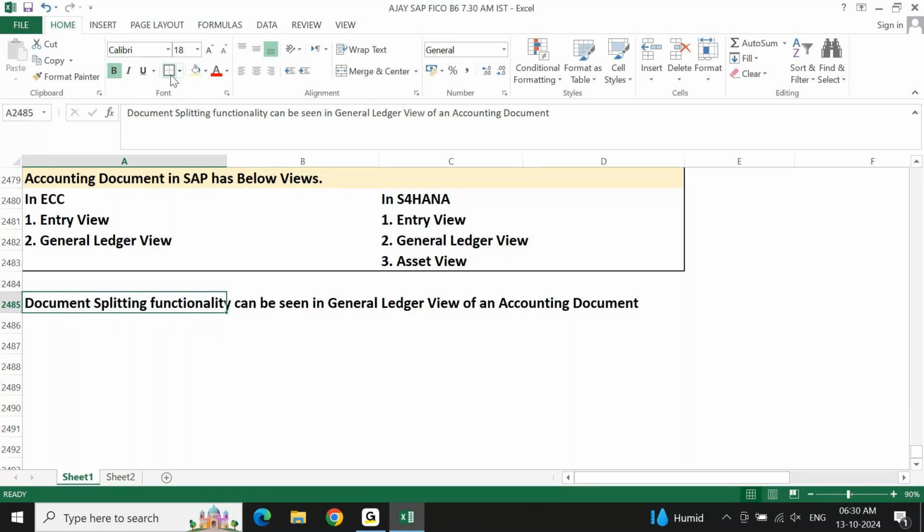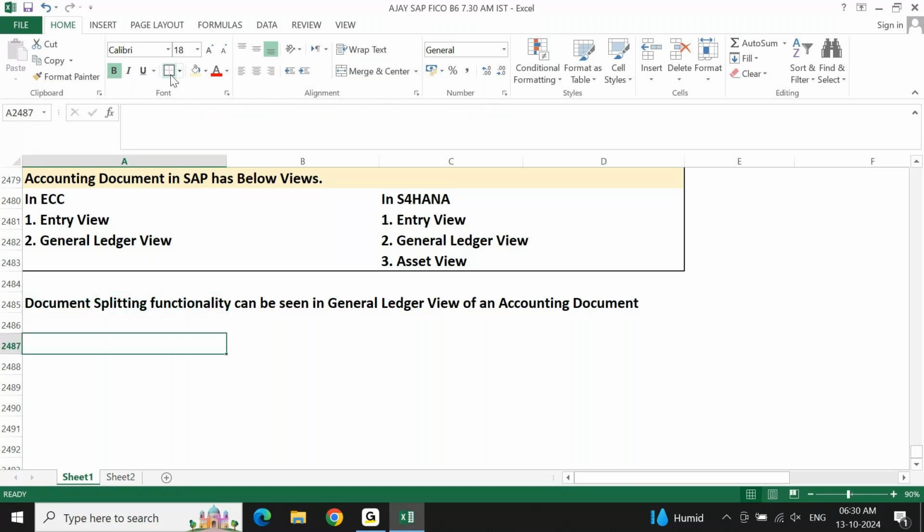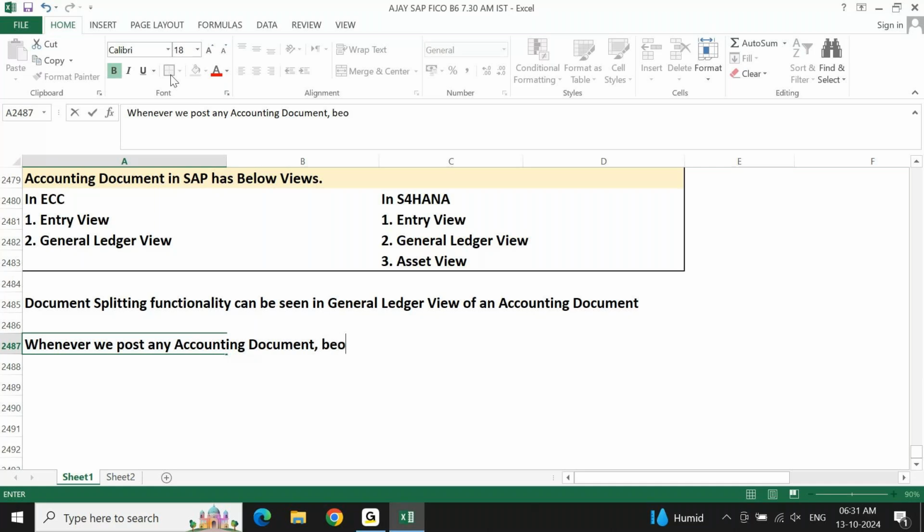Now, next point, whenever we post any accounting document, below account types are used.